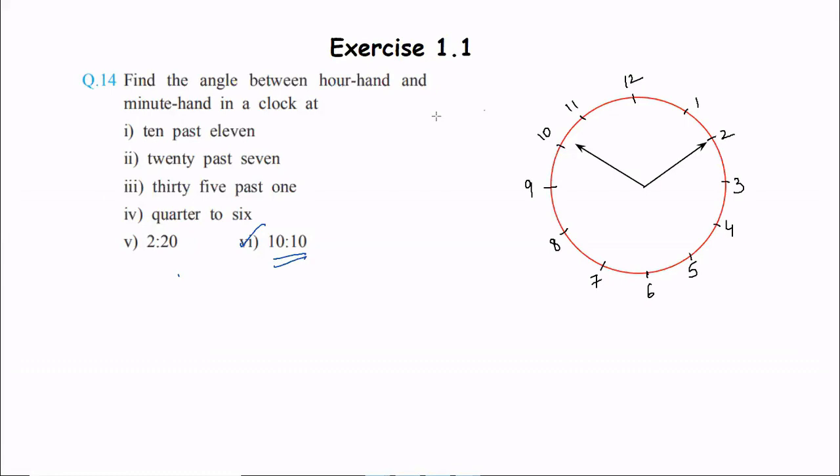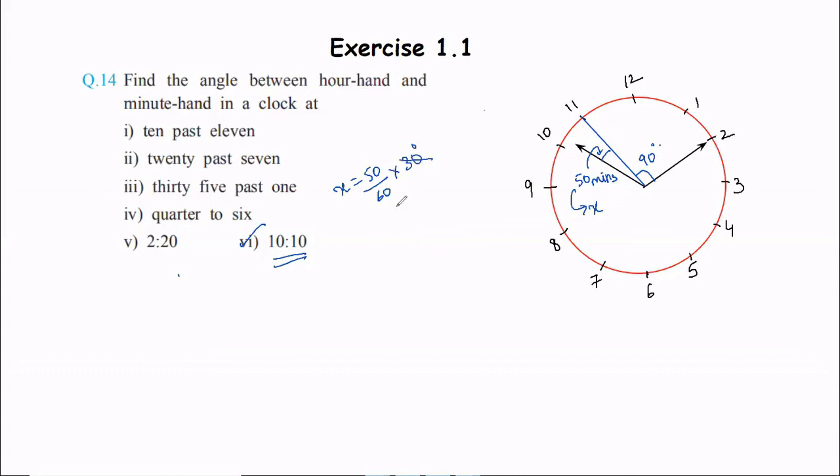In this case, between 11 and 2, you're already creating 90 degrees. And whatever is left here represents 50 minutes. So we need to calculate the angle for that 50 minutes, x. So x will be 50 by 60 into 30 degrees.